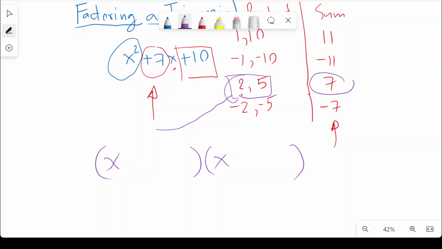For example, for the 2 here, the sign is plus, so you write plus 2 in either this one or this one, it doesn't matter. And the second one is plus 5, you write here.